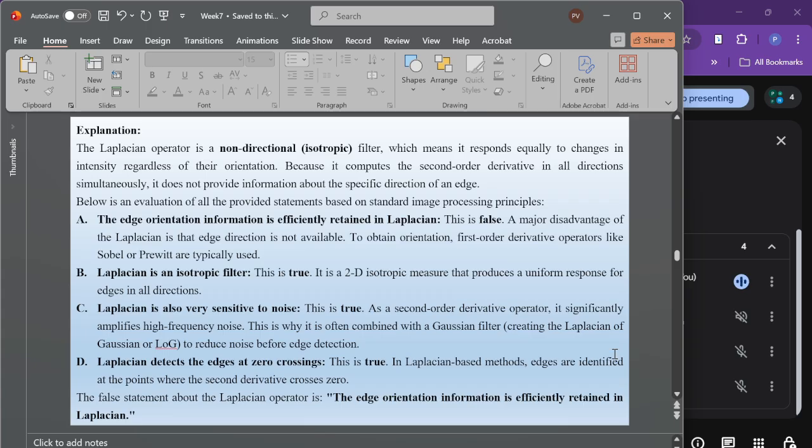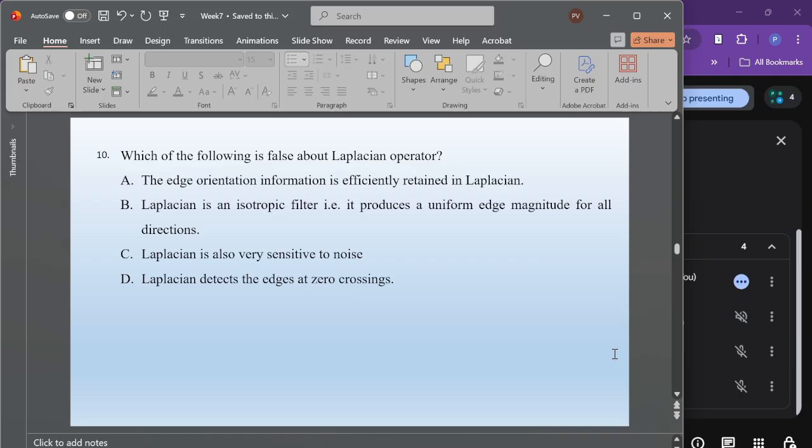Next option is option D, Laplacian detects the edges at zero crossing. This is also true. In Laplacian based methods, edges are identified at points where the second derivative crosses zero. So the false statement about the Laplacian is that the edge orientation information is efficiently retained in Laplacian. Option A is the false statement.